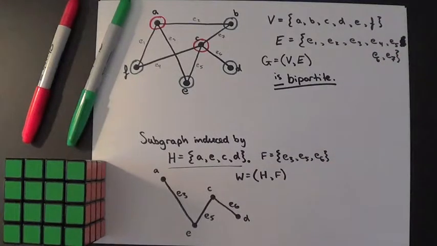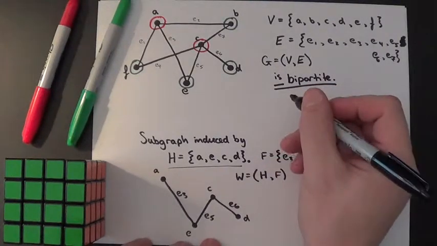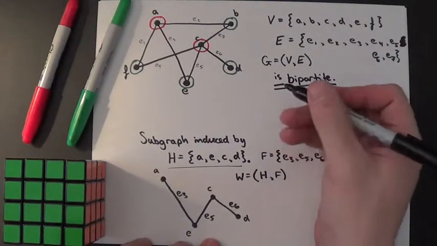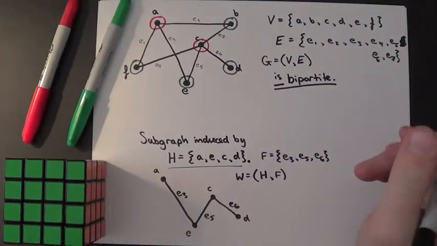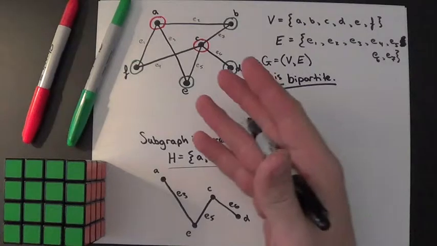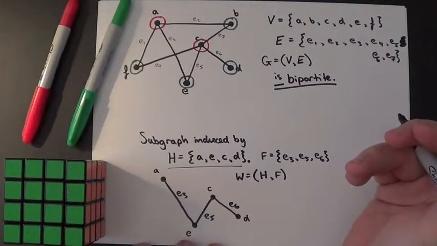Now, so we found that it's bipartite. Now what? Now we can go ahead and partition it. We said it's bipartite. The partition is going to be the two sets that we can separate it into. Well, by coloring it, we've already separated it into the two different sets.